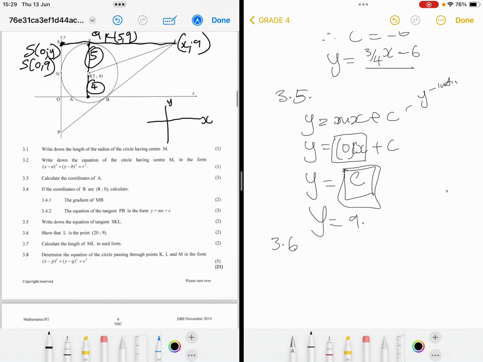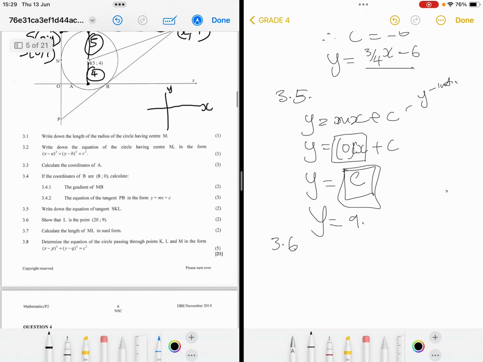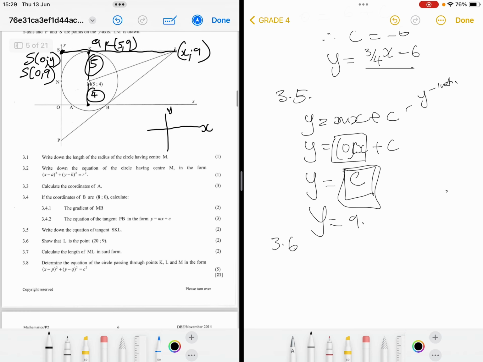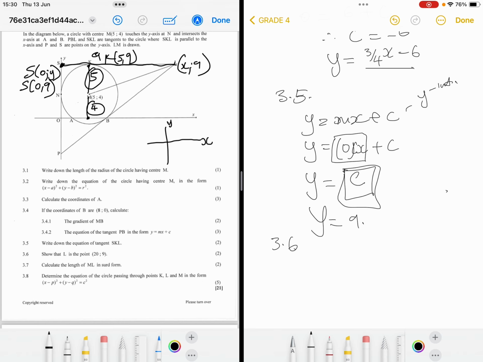Oh, we did that. So now 3.6, show that L is the point 20 and 9. If you look at this, we have L there. L is common on both tangents.